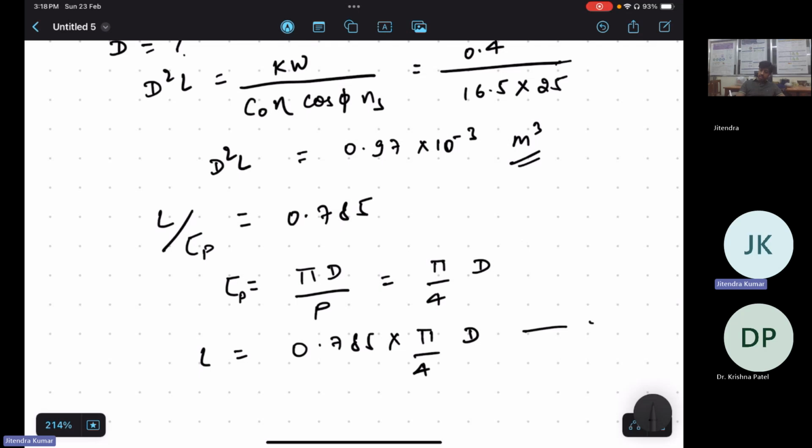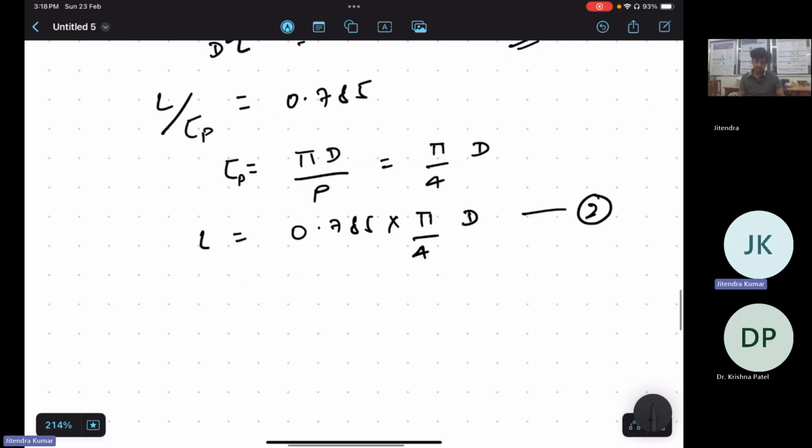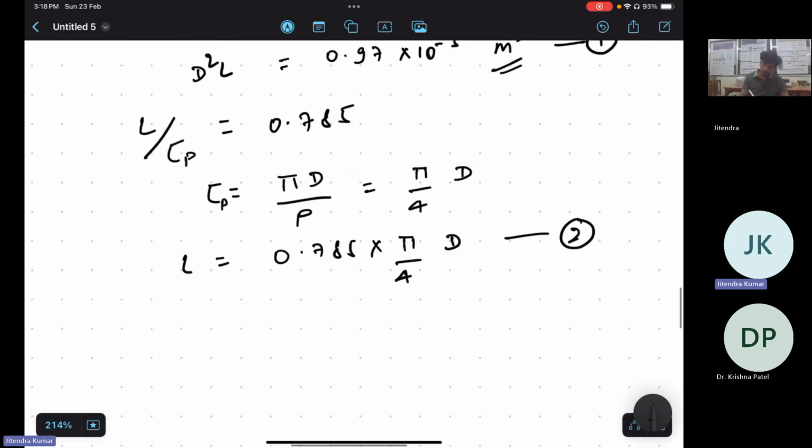This will be the second equation, and this will be the first equation. If we plug in the value of the second equation in the first, we will get d cube into L is equal to 0.785 into pi by 4.